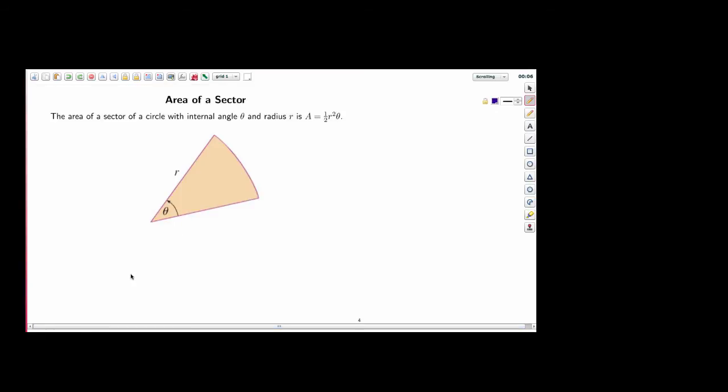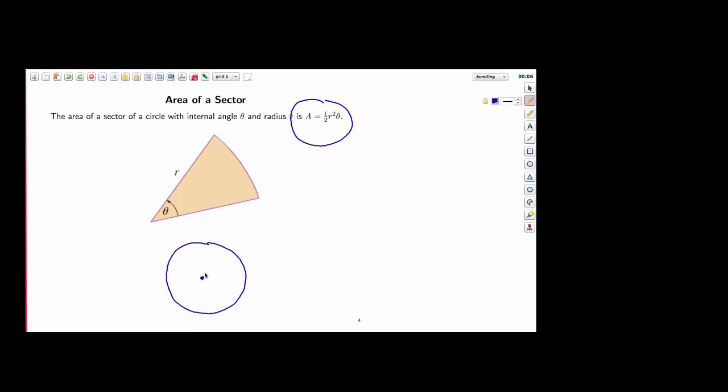Instead of dividing our section up into rectangles, we're going to divide it into wedges. The first thing we need is a formula you should recall from geometry: if we have a circle with radius r and a wedge, or sector, with internal angle theta, then the area of that wedge is 1/2 r squared theta.